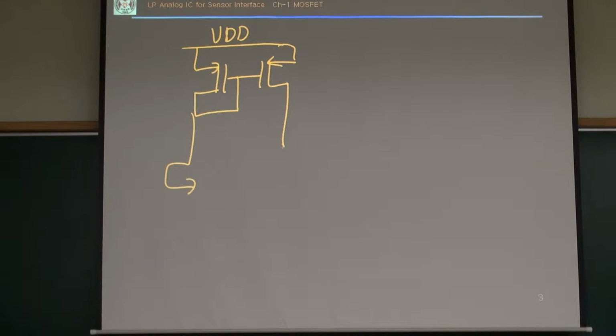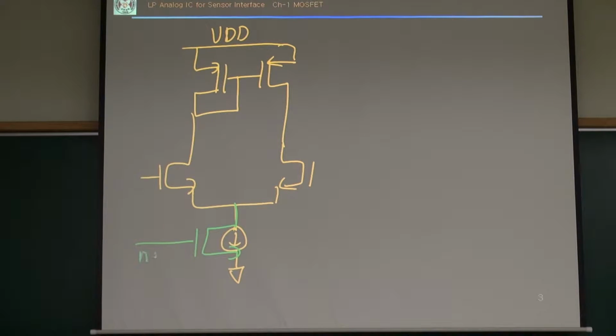Let's just start with that differential pair. This is my MOS input differential pair. I will change this into a circuit like that.